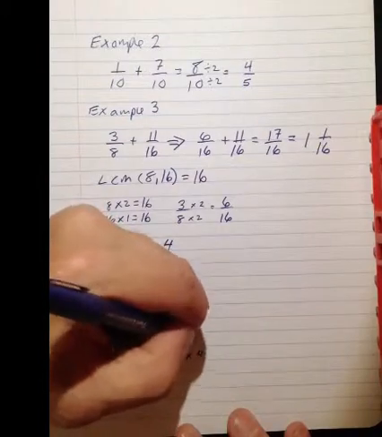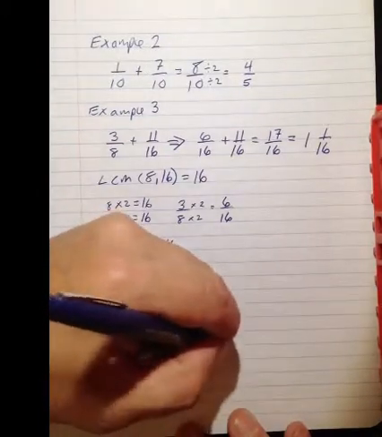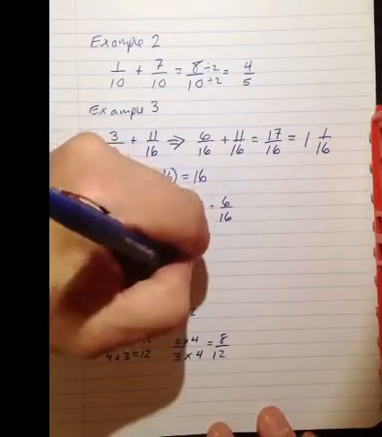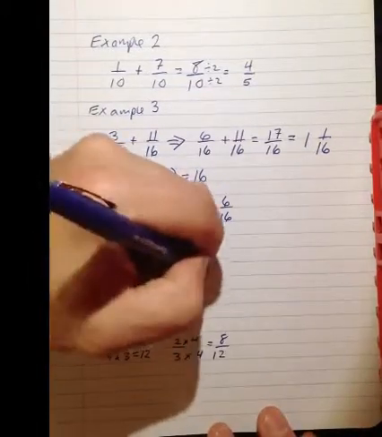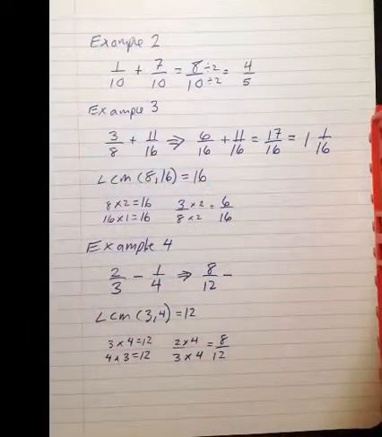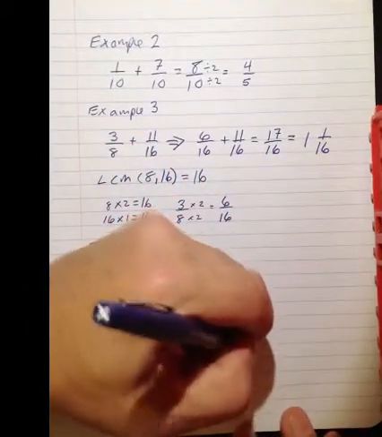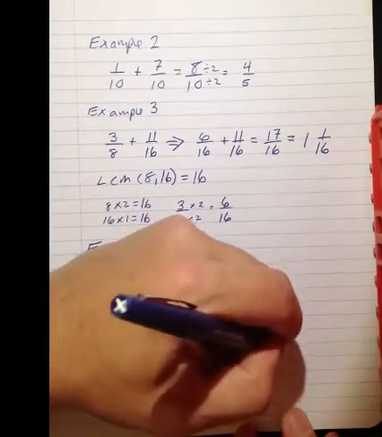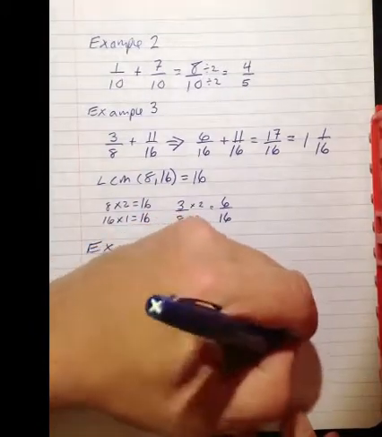Since 3 times 4 is 12, we're going to multiply 2 times 4, and that's 8. So 2/3 is the same as 8/12. Now we're going to change 1/4 to 12ths. 4 times 3 is 12, so we multiply 1 times 3.